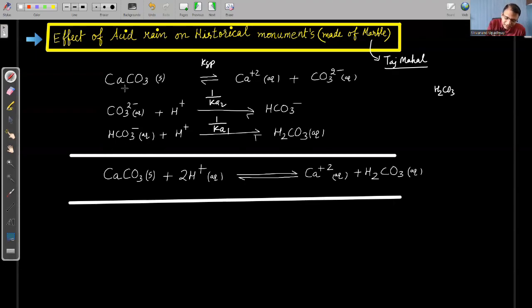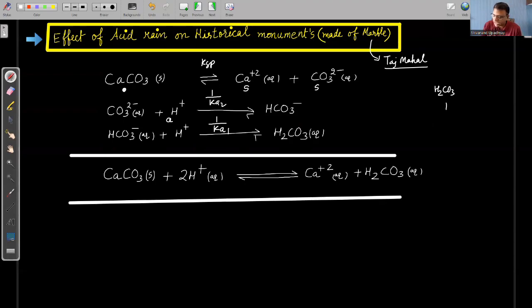So when I am writing at equilibrium, this is calcium carbonate in solid state. Here we should write the solubility as S, and here it will be S. Now suppose I am starting with a concentration A of H plus ion. This reaction is going to completion because the value of the equilibrium constant is very large.